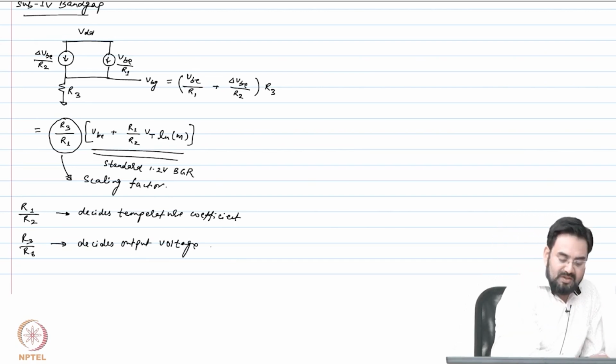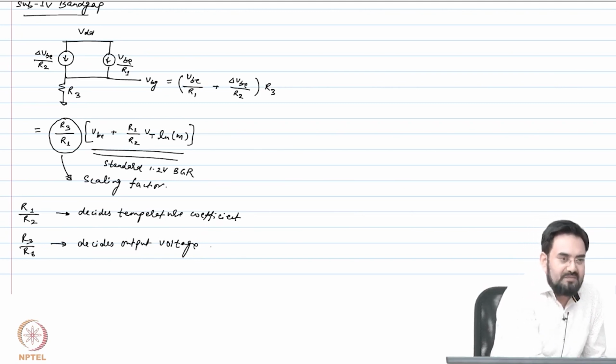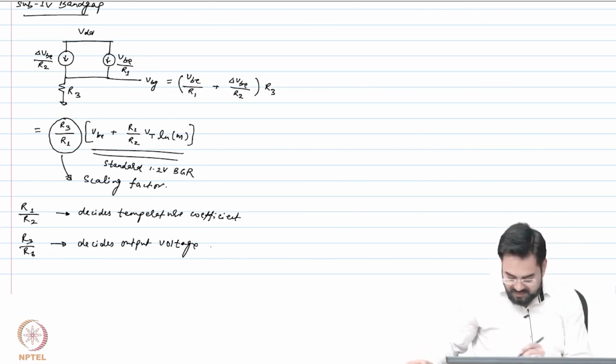So, once you cancel the temperature coefficient of VB and delta VB term, then you can choose R3 based on what value you require, which means you can get any value. If I make R3 equal to R1, then you will get 1.2 volt around. If R1 is, let us say, 2x of R3, or R3 is half of your R1, then you will get roughly 0.6 volt. So, you can choose any.